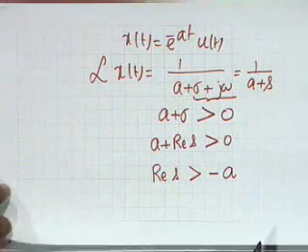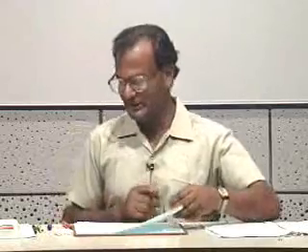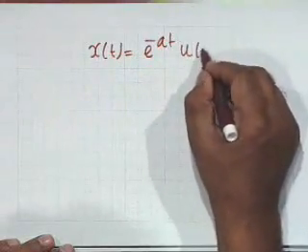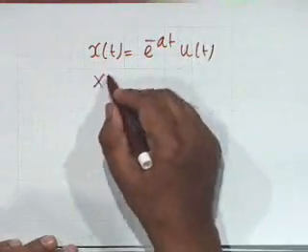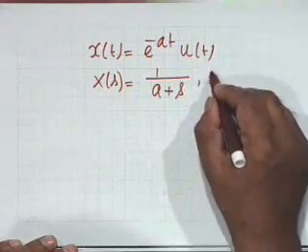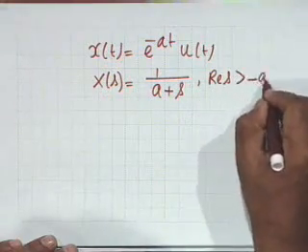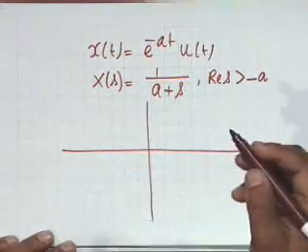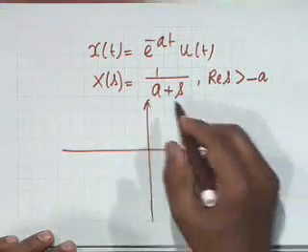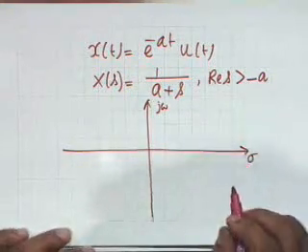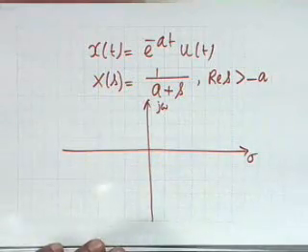All right. Now, let us look at what this means in the form of a picture. For e to the minus at u of t, we have shown that capital X of s is 1 by a plus s with real part of s greater than minus a. In the s plane, this is sigma and this is j omega, and suppose a is positive. A had to be positive for Fourier transform to exist.